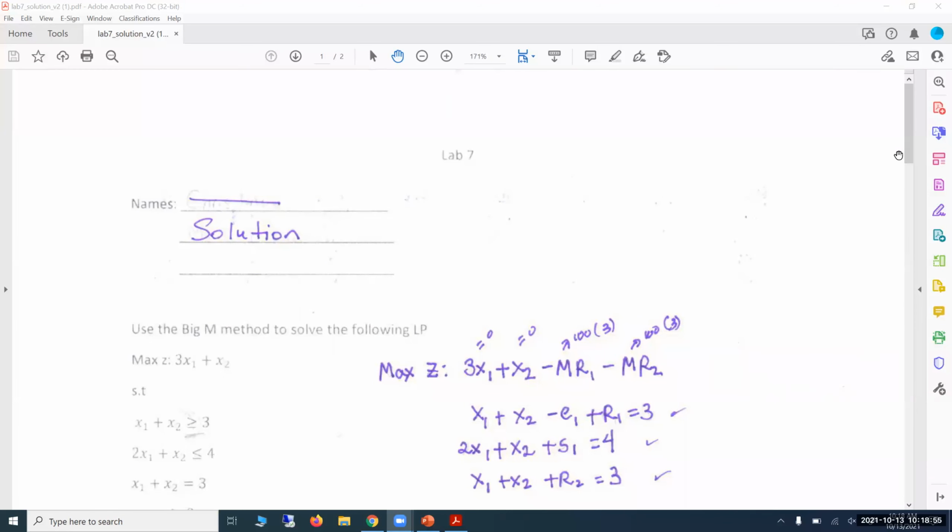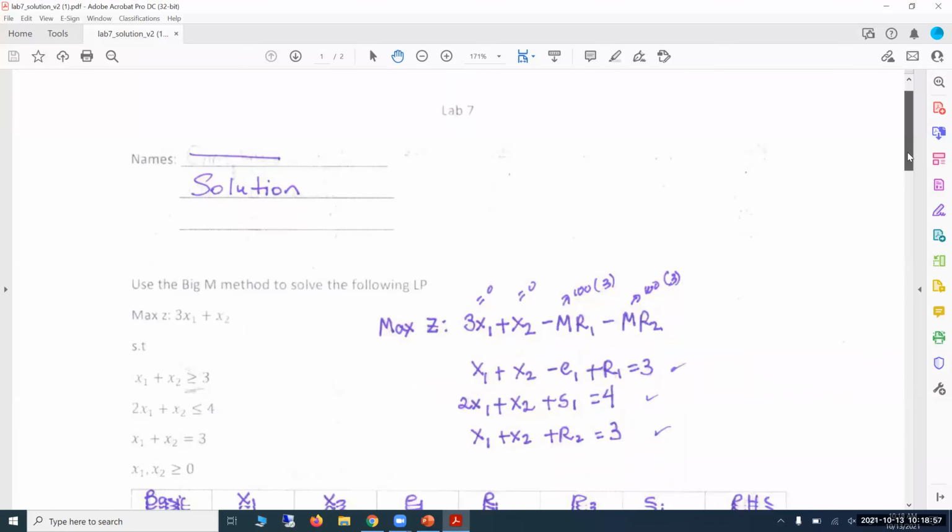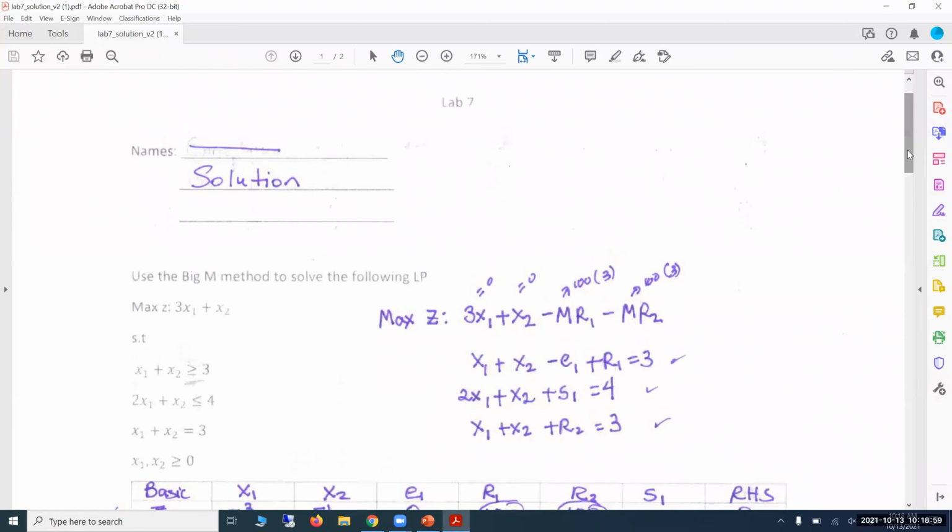So let me give you some guidance. If you set up your problem correctly, it should look like this in terms of setting the constraints and the excess variables, slack variables, or artificial variables. So you're maximizing 2x1 plus x2 minus MR1 minus MR2.